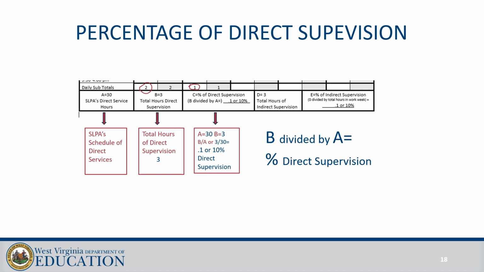Using our example, we had a total number of 3 hours of direct supervision, and we used 30 hours of direct therapy per week as A. We divided 3 by 30, and we got 0.10 or 10%, the minimum that is required. That number is C. In other words, C, the percentage of direct supervision, is calculated by dividing B, direct supervision hours, by A, the total hours of scheduled therapy.